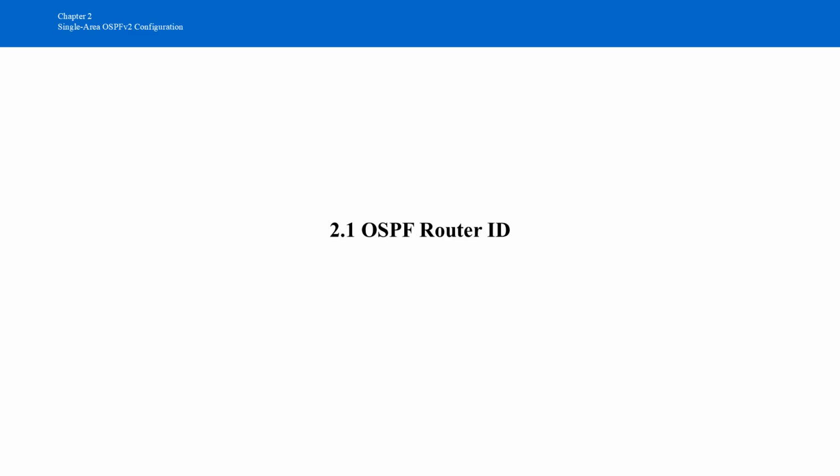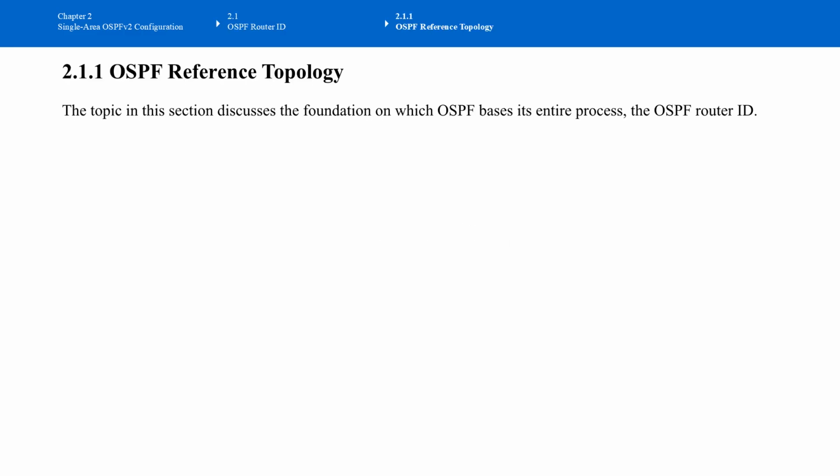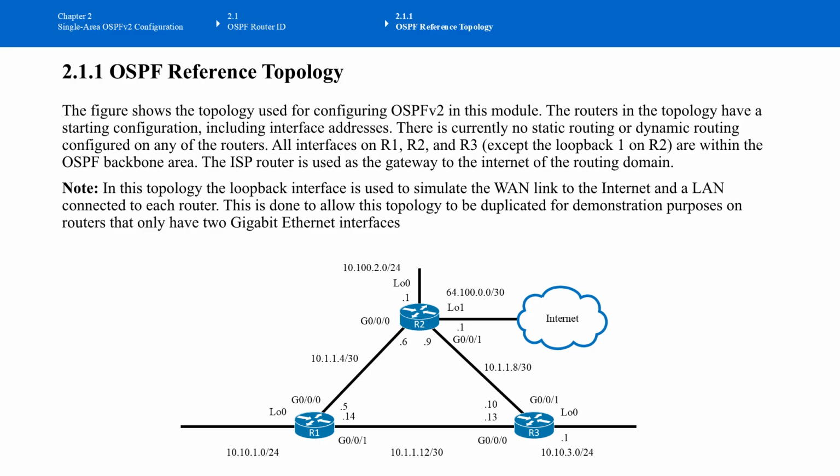Let's begin with 2.1, the OSPF Router ID. Before we begin configuring OSPF, let's first examine the network topology that we will use throughout this module. As shown in the figure, the network consists of 3 routers, R1, R2, and R3.